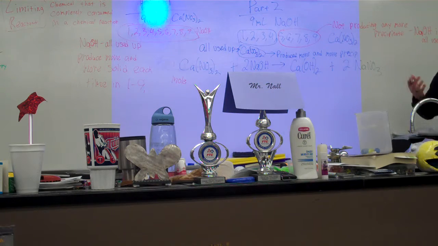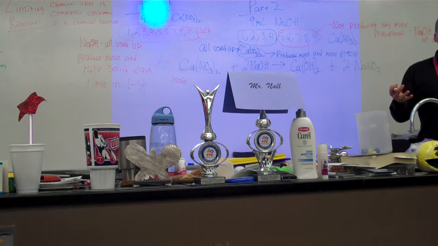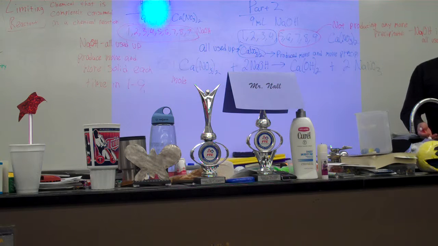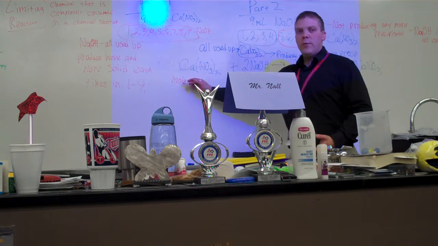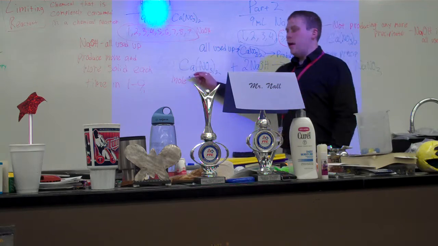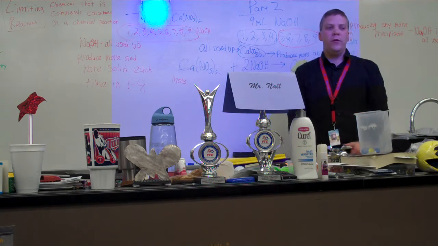Okay, so these are mole ratios or molecule ratios. Makes sense because a mole can equal 6.02 times 10 to the 23rd molecules. So if you have 2 moles to 1 mole, that means you'll have twice as many molecules here as you will there. Moles and molecules are the equivalent of one another.